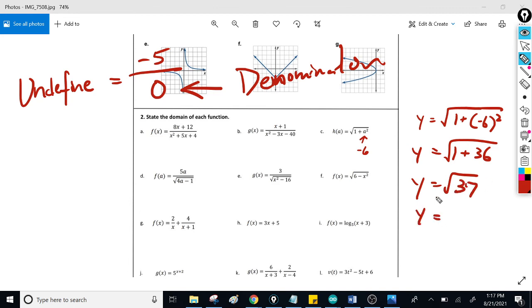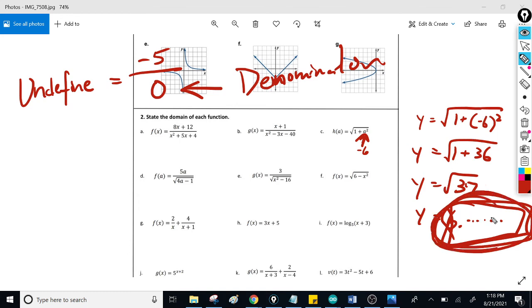Square root of 37 is going to be 6 point something, right? So you will always have a pretty good looking answer. Doesn't matter what number you put in as x, you will get a pretty good looking number. So you are not going to have any undefined.